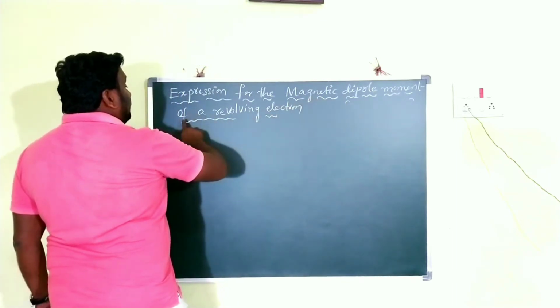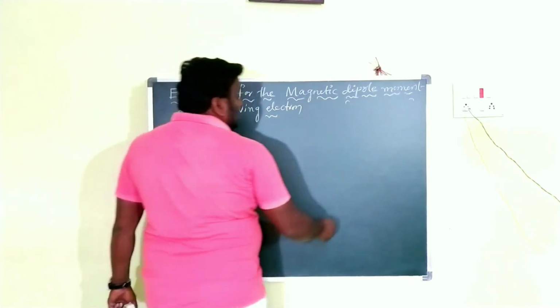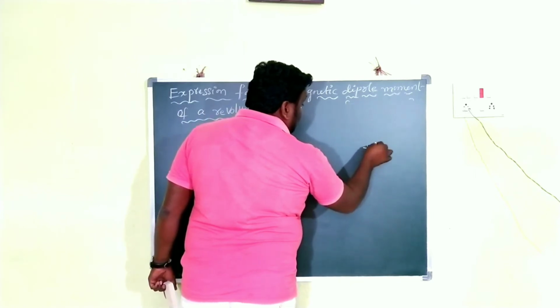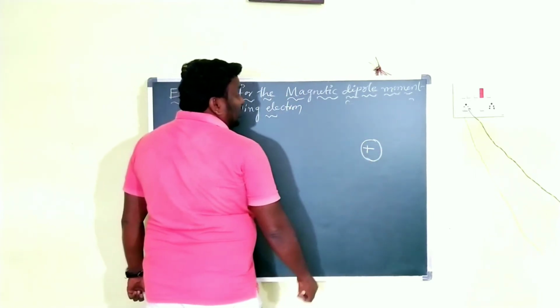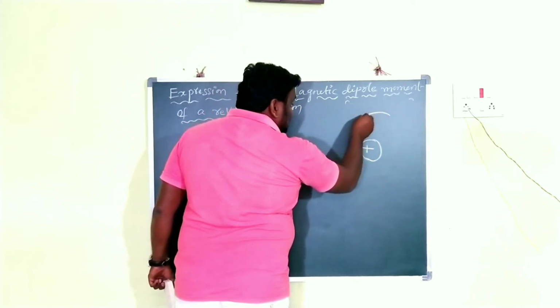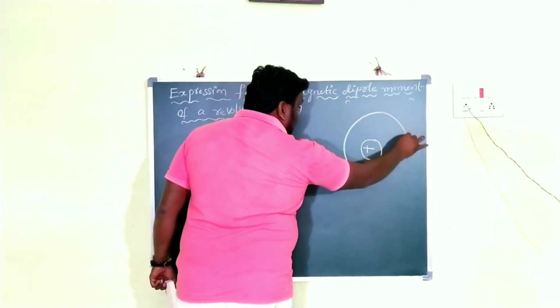According to the given situation, we want the magnetic dipole moment of a revolving electron. The electron is revolving around the nucleus in a circular orbit.